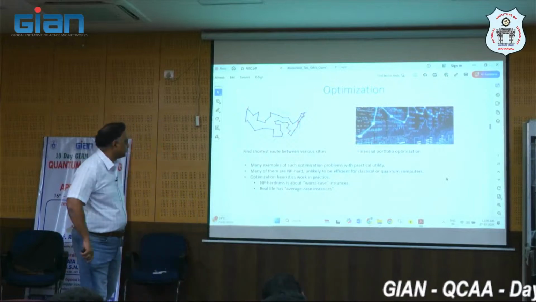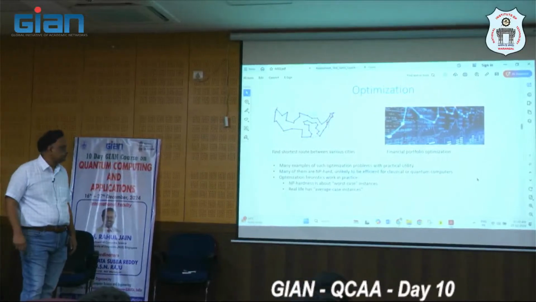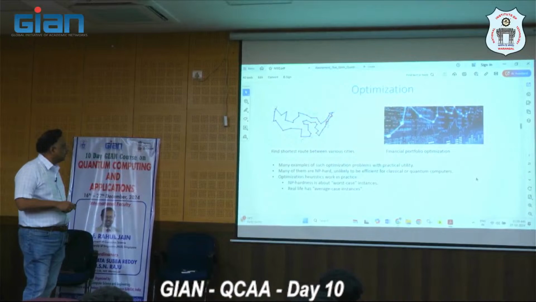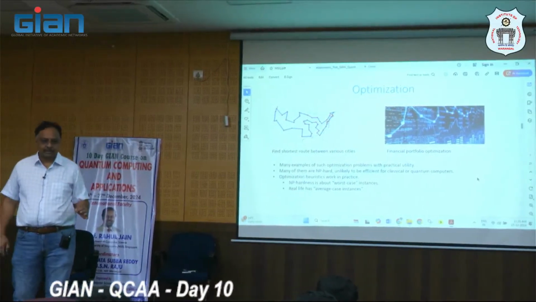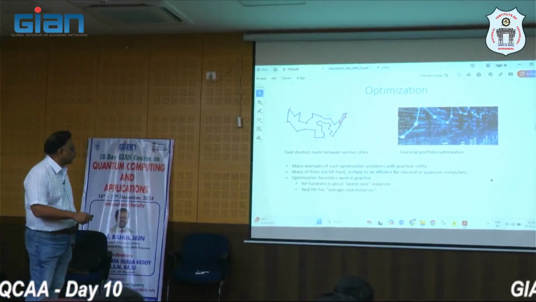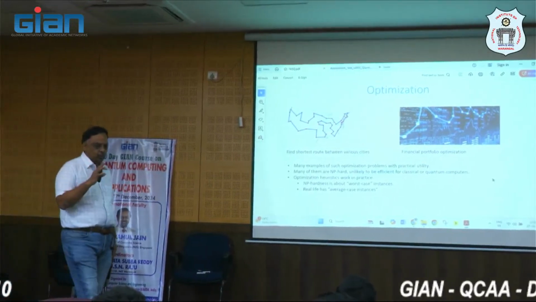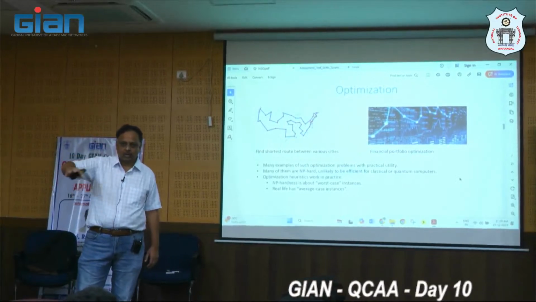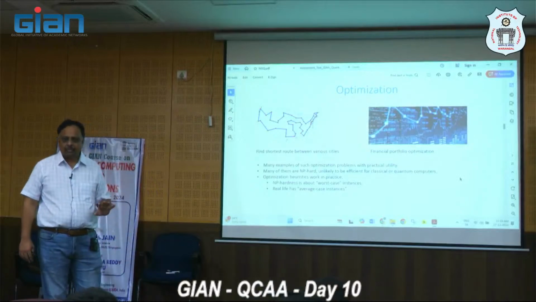For example, we have this map of USA. So many cities are there. What is called the traveling salesman problem, TSP. You have a bunch of cities, you want to find the shortest route in which you can cover all the cities. Suppose there is a postman who has to deliver mail in all the cities. He wants to do it in the shortest route. How to find that? This is also an NP-hard problem.